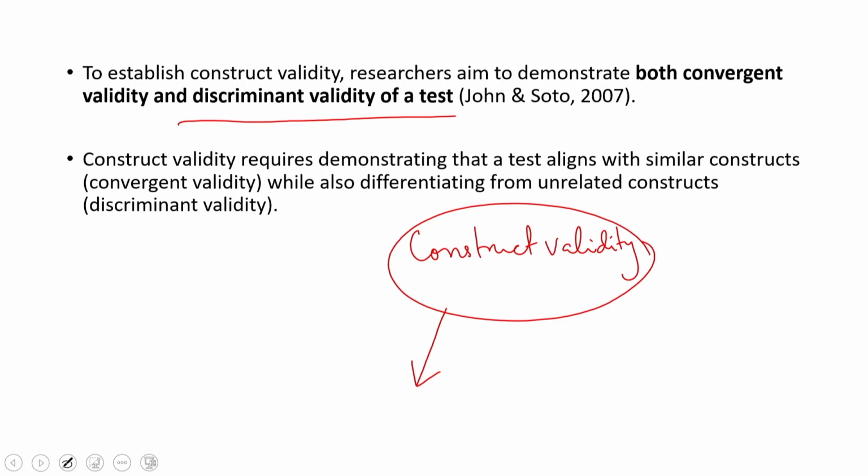So, the process is you need to test two important validities. One is called convergent validity and another is called discriminant validity or divergent validity, sometimes people call it.